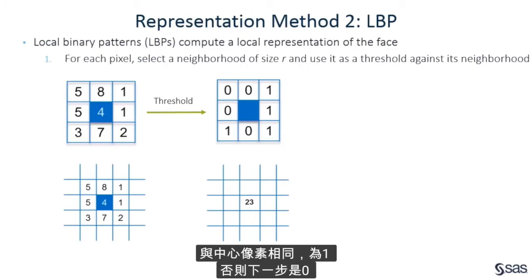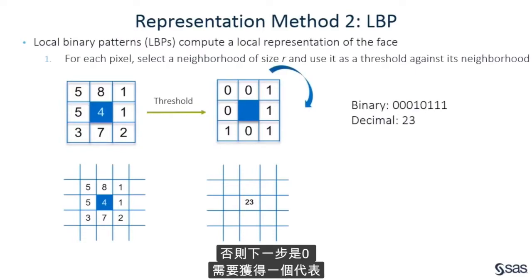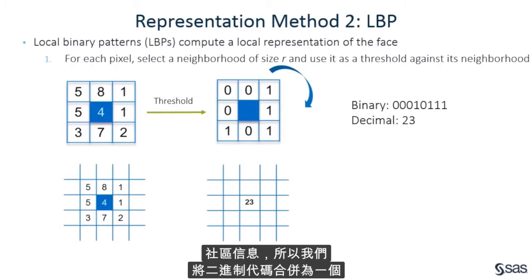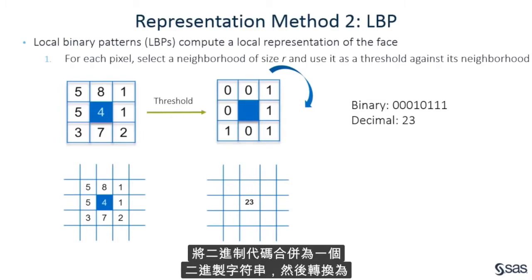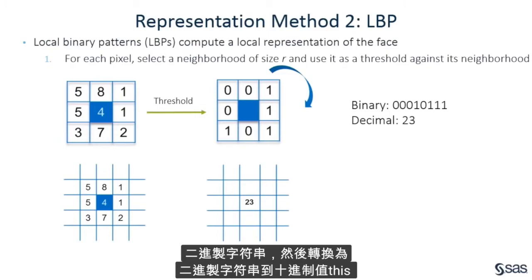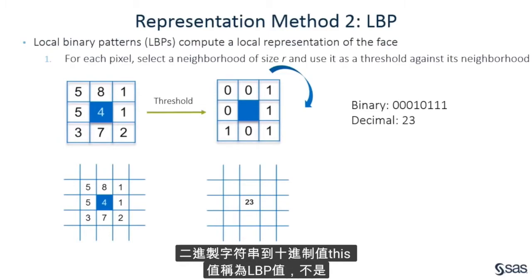Otherwise, it is 0. In the next step, we need to obtain one representation of the neighborhood information. So we concatenate the binary codes into one binary string and then convert the binary string to a decimal value. This value is called the LBP value.